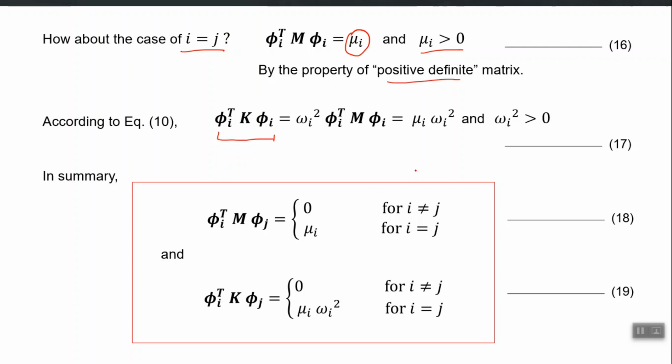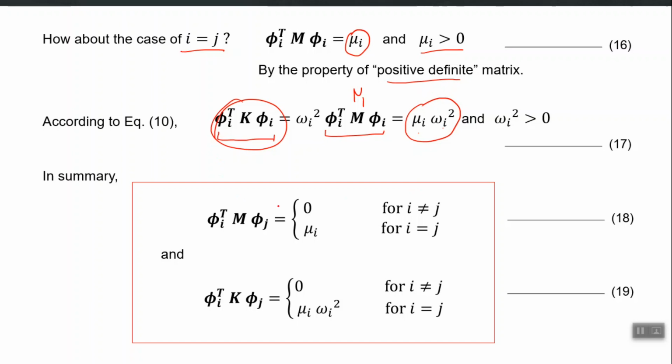In that case, you can show that this will be simply equal to omega i square into the same thing, which is actually mu i. So mu i into omega i square, where mu i and omega i are positive numbers. This quantity, which is obtained as a scalar for any ith mode by this multiplication, is called modal stiffness. Modal stiffness, because it is derived from the K matrix by having phi i and phi i on either side of that K matrix.